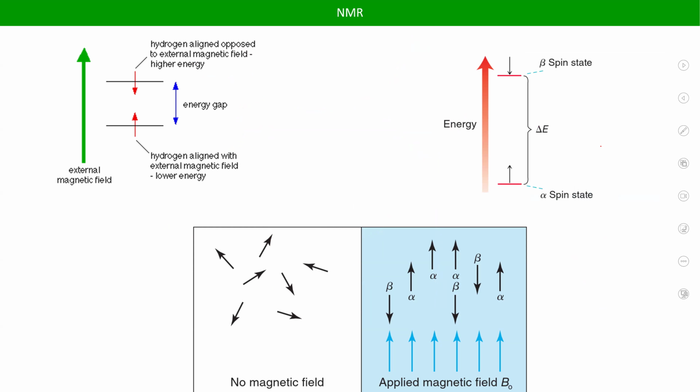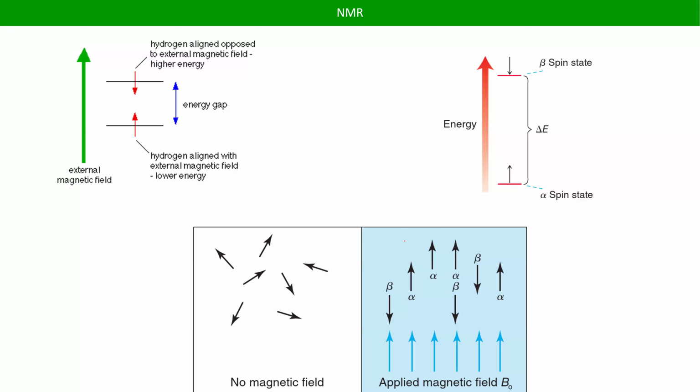So in the absence of a magnetic field, all of those different nuclei are just pointed randomly. As soon as you apply the magnetic field, they align either with the magnetic field, which gives you alpha, or against the magnetic field, which gives you beta. And all the NMR is doing is measuring the difference in energy between alpha and beta.